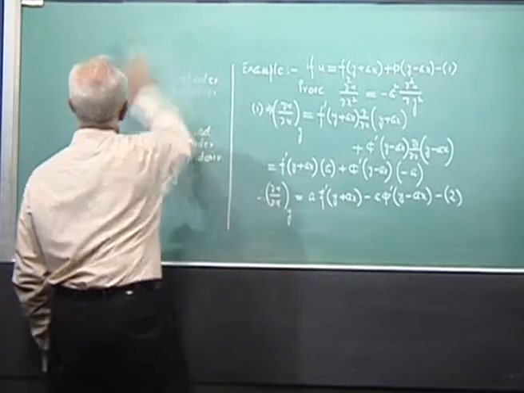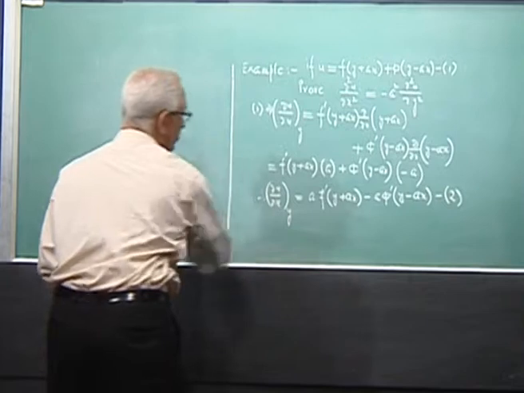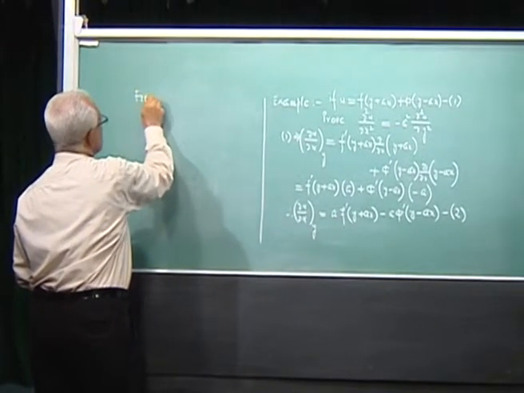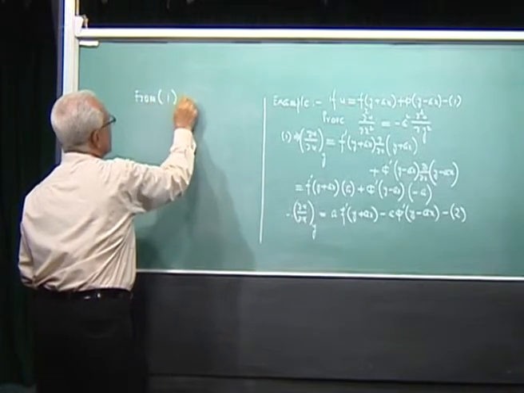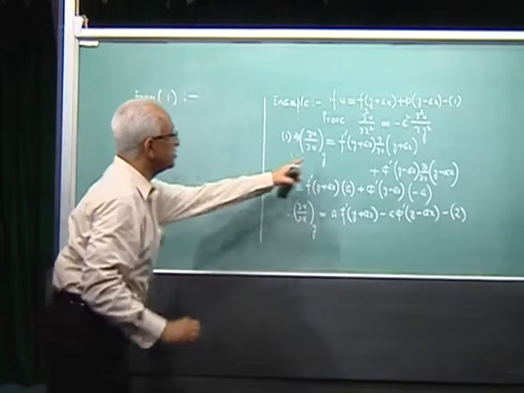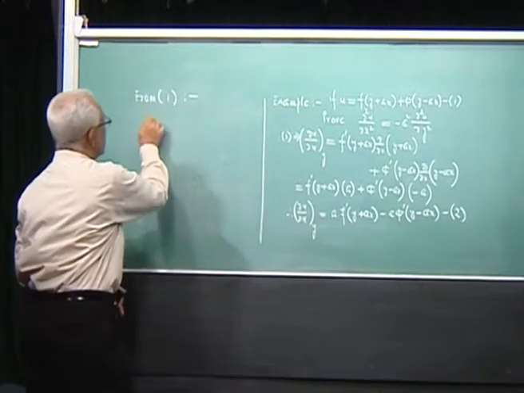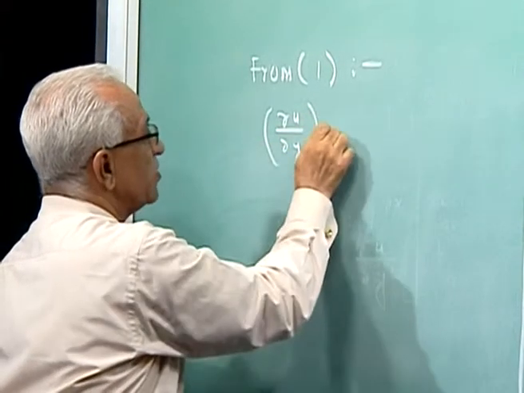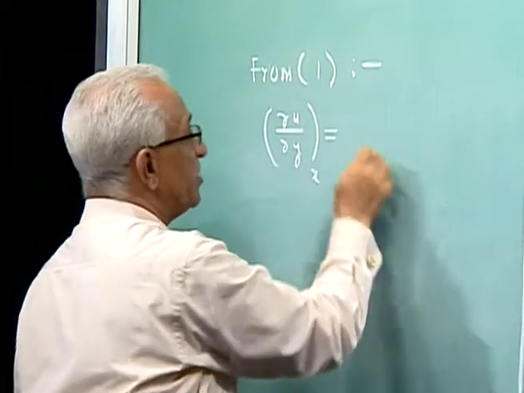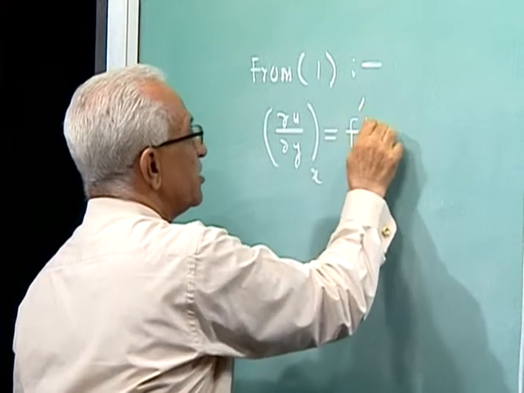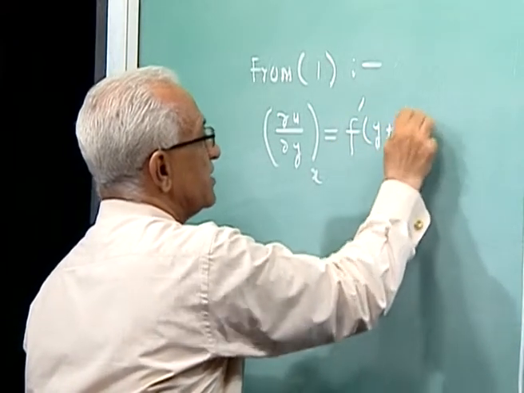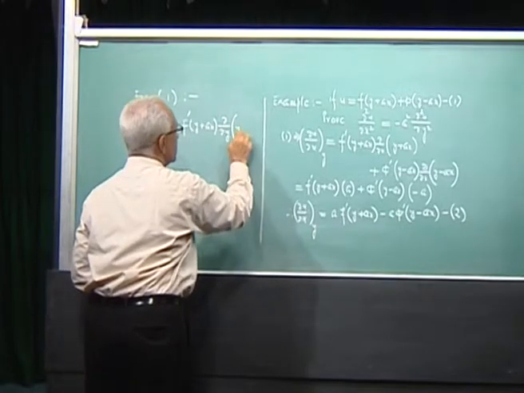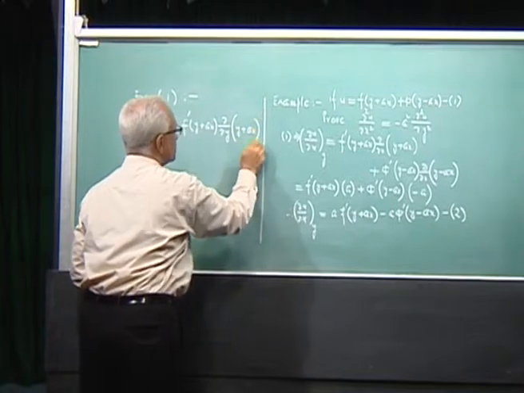So we come to the next part of it, and in almost similar fashion, from equation 1, again this time I am doing with respect to y keeping x constant. So we will have partial with respect to y keeping x constant is equal to, the function will be differentiated similarly, f dash of y plus ax. This we will do with respect to y, and we will have it as y plus ax. This is the first term.